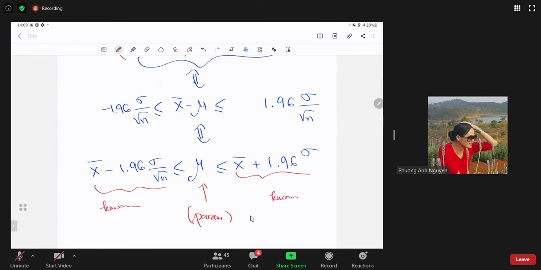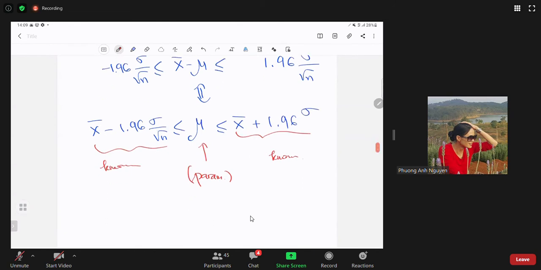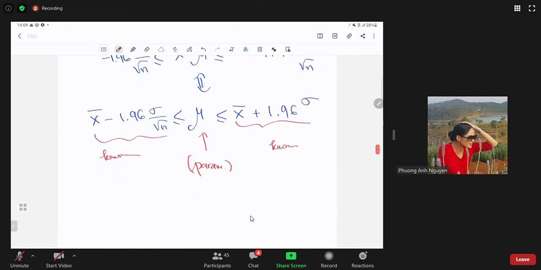So then I get the interval: X bar minus, and X bar plus 1.96 sigma over root n.